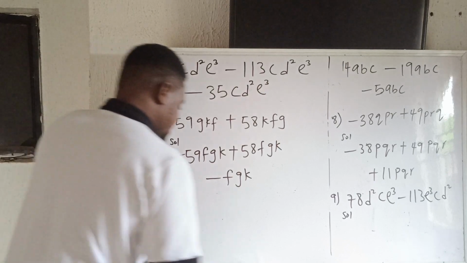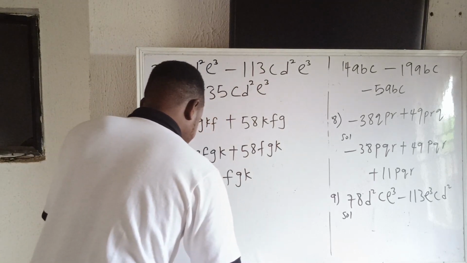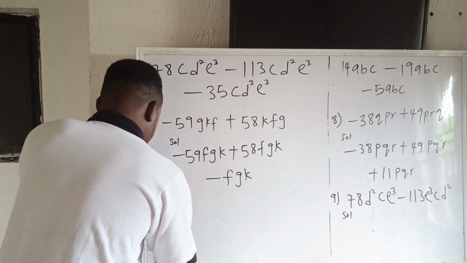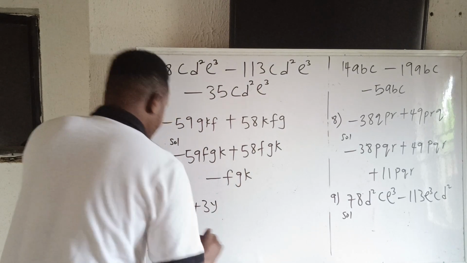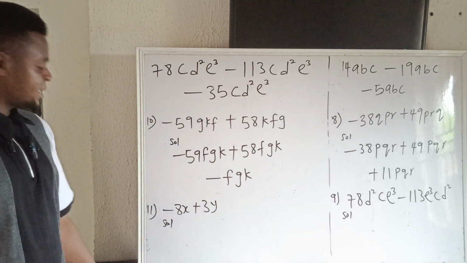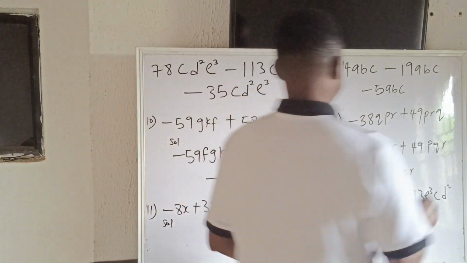Let's look at example 11. If we were to simplify minus 8x plus 3y, how do you go about solving this? Minus 8x plus 3y. Okay.